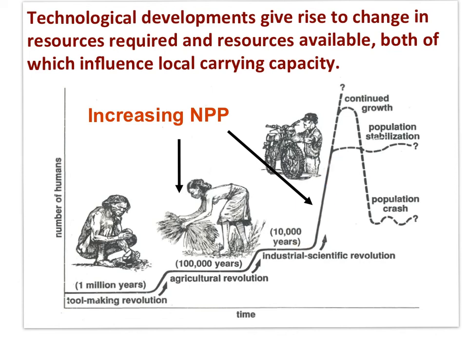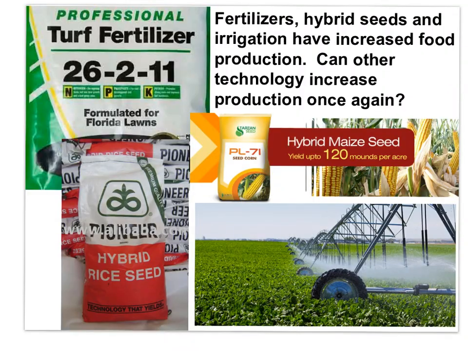What new technologies might arrive in the future that would allow humans to increase the kilograms of food harvested per square meter of land? Gene technology? Fertilizers, irrigation, using groundwater particularly, and hybrid seeds were the driving forces in the Green Revolution.